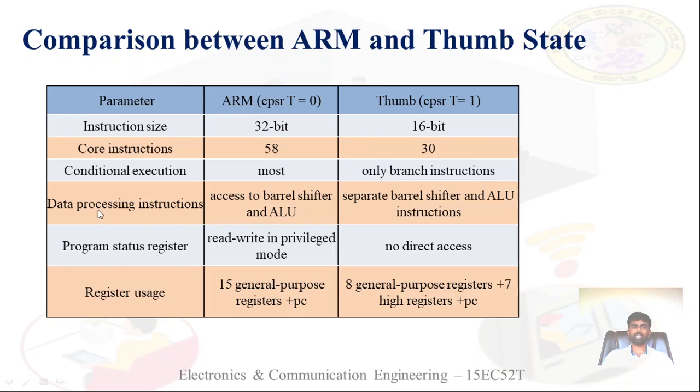Data processing instructions access the barrel shifter and ALU. But in the case of Thumb, separate barrel shifter and ALU instructions are present.